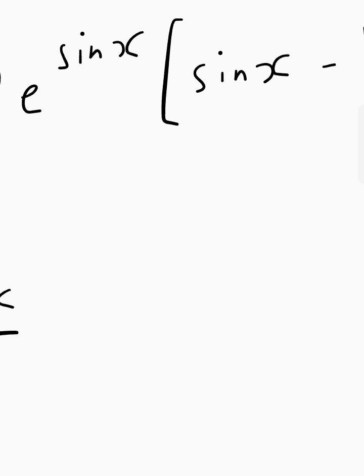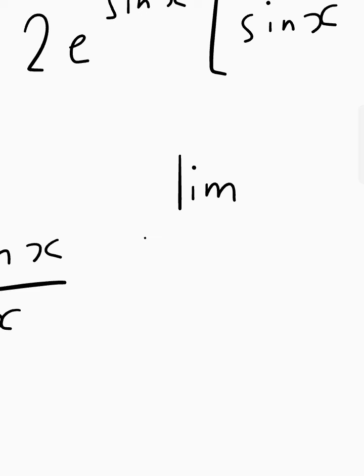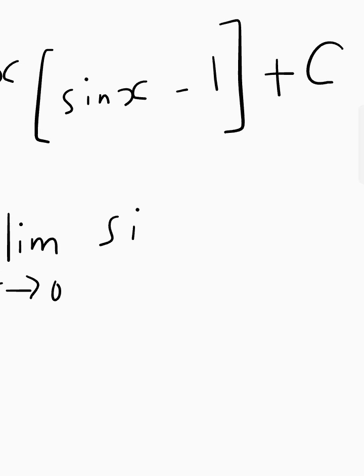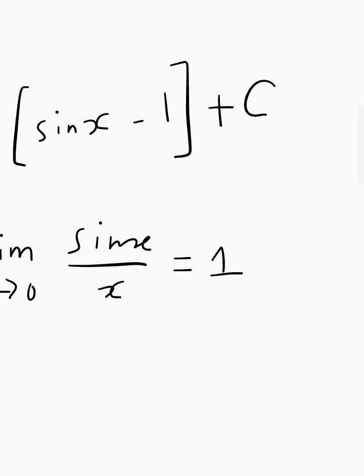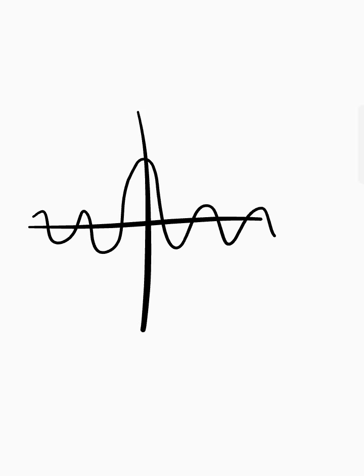Of course, this is a well-known function, namely the squeeze theorem tells us that the limit of this function as x approaches 0 is merely 1. And of course, the graph would look something like this.